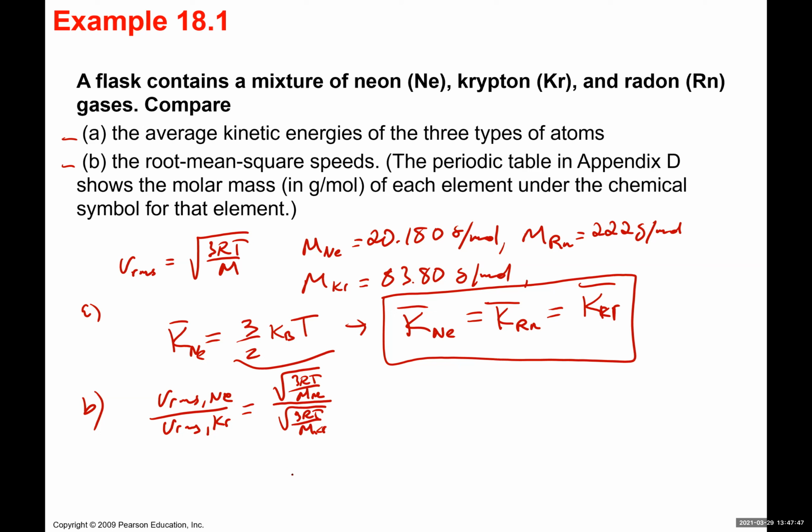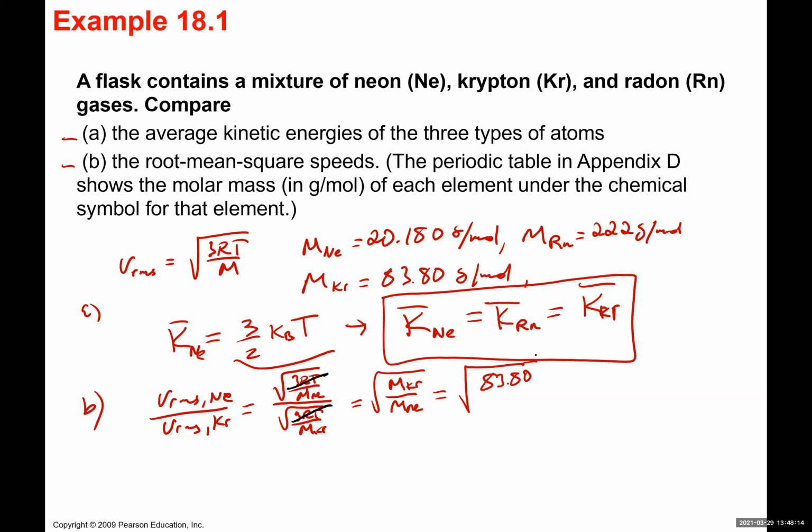Okay. Well, I can see from here that this can all cancel out. And all I end up with is the square root of the molar mass of the krypton over the molar mass of the neon. Then I can just put in a ratio where the molar mass of the krypton is 83.80, over 20.180.